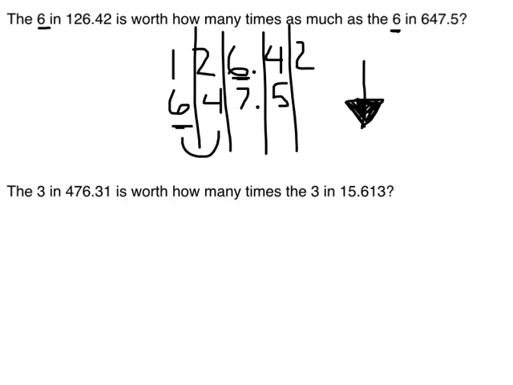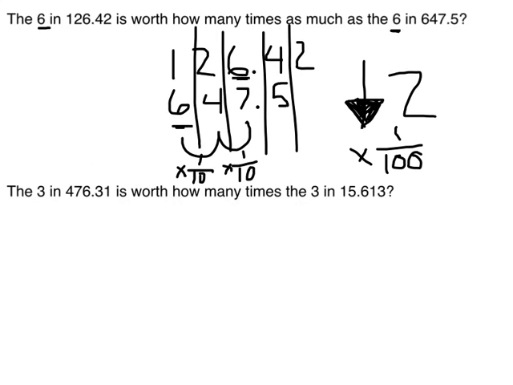Well, 1, 2. Decrease 2 places. Each time you decrease, you multiply by 1/10. So, which statement correctly shows how many times as much the 6 is worth compared to the second 6? It's worth 1/100th as much.